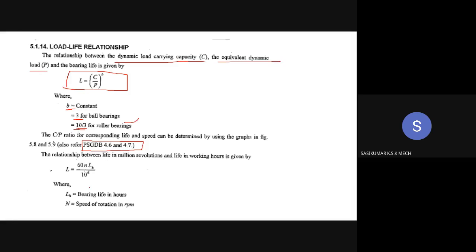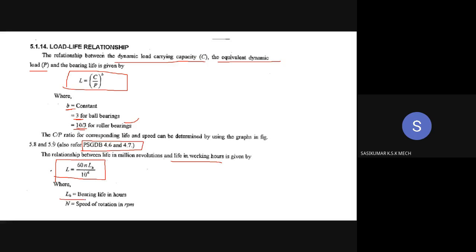So in terms of 10 lakh cycles, the life of the bearing is defined in this way. Okay, so the relationship between the life in million revolutions and life in working hours is given by this one.